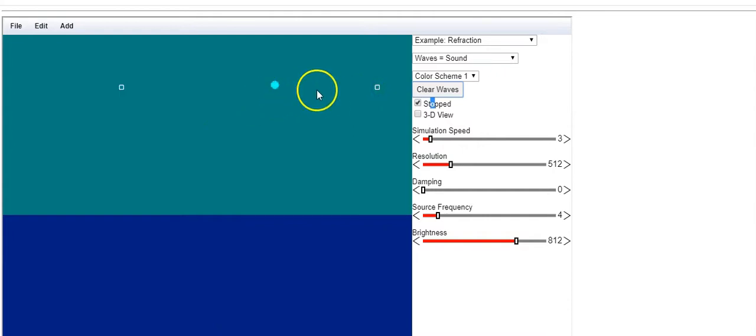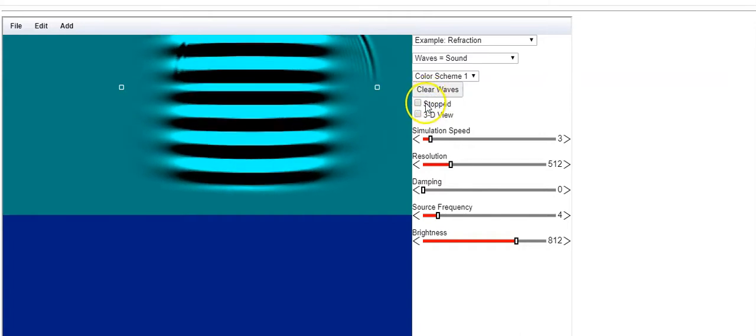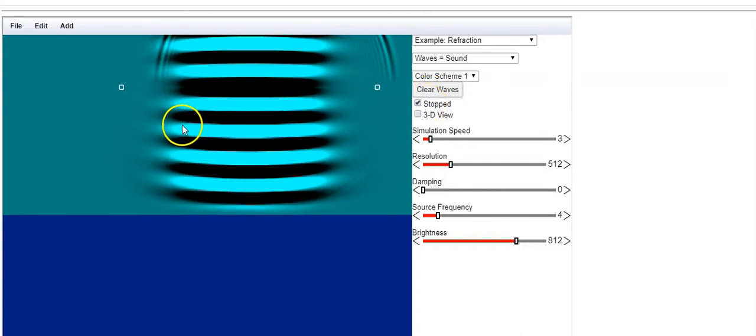Right now I have it set so that when the wave starts, the wave crests will be parallel to the boundary. Let's take a look at that. And there they are. All of these wave crests are parallel to this boundary. So what behavior do we expect to see when the wave crosses the boundary? Well, let's take a look.